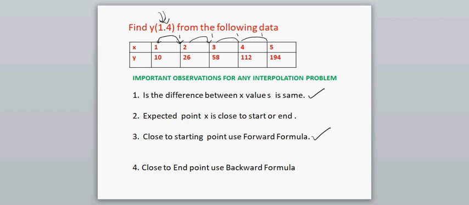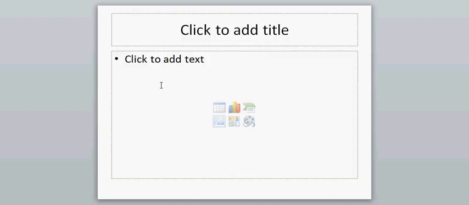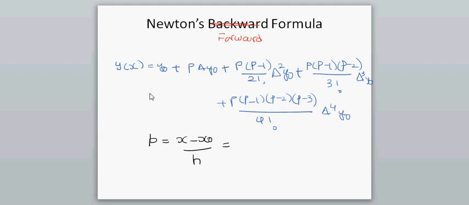So p is x minus x naught by h, which is 1.4 minus 1 by 1, which is 0.4.